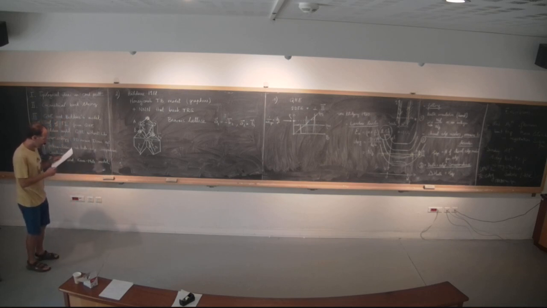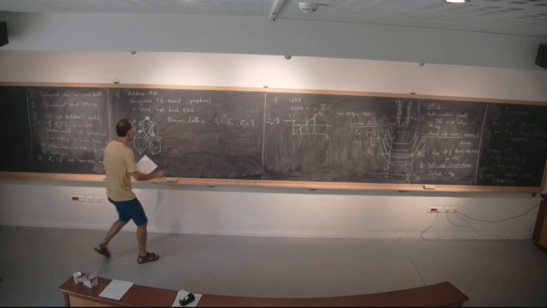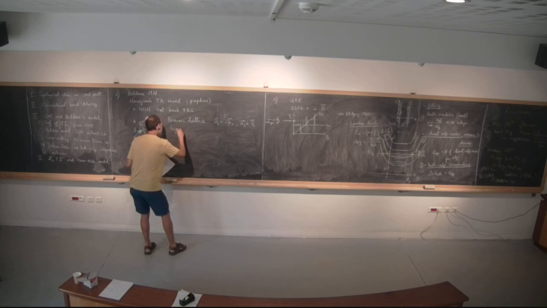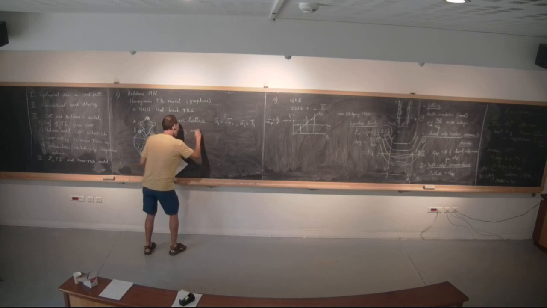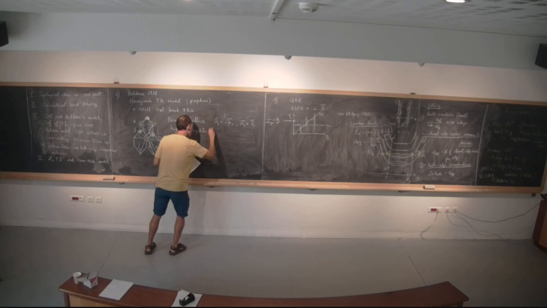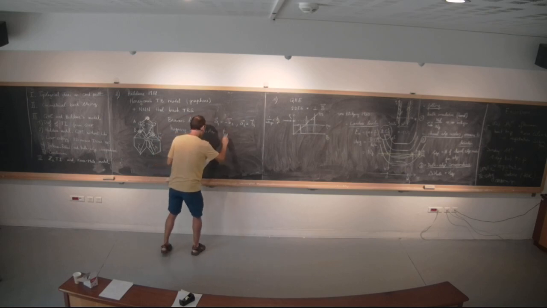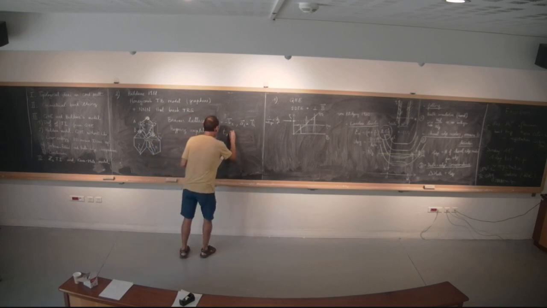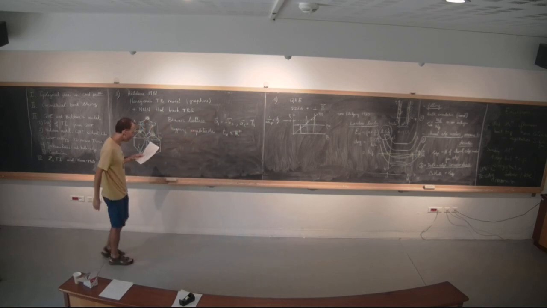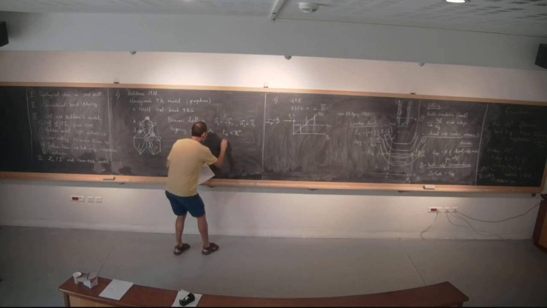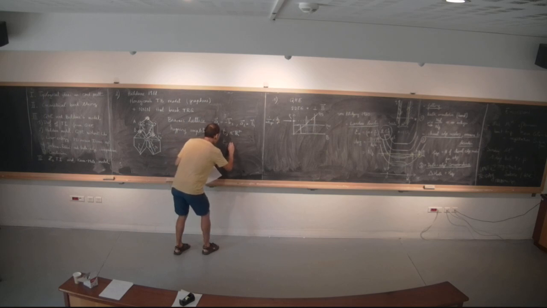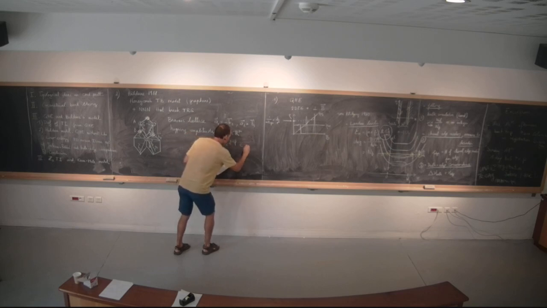Okay, so the hopping amplitudes will be taken as follows. T1 for the first neighbors, and we take it real and positive. And now the ingredient introduced by Haldane is to take the next nearest neighbor to be complex.